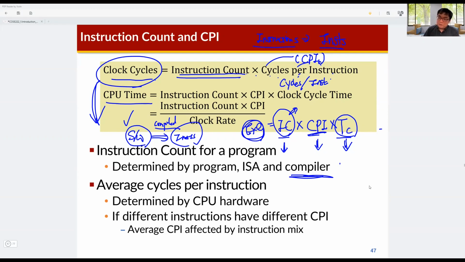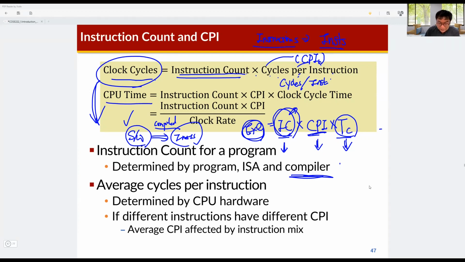Also, the compiler is designed based on the instruction set architecture. For example, a compiler is designed for the x86 architecture with Intel or AMD CPUs. Also, a compiler can be designed for smartphone processors, that is, the ARM processor. So the instruction set architecture also determines the instruction count.